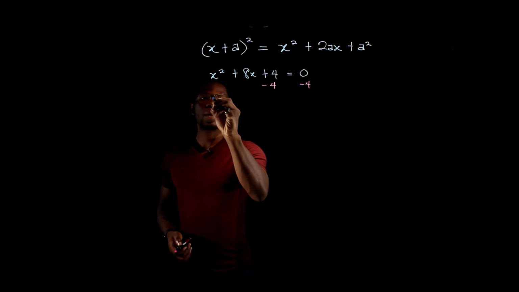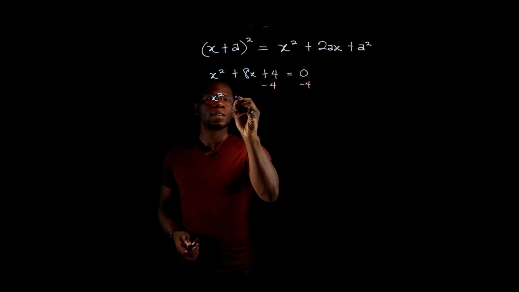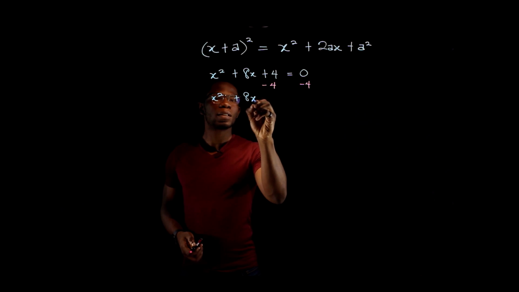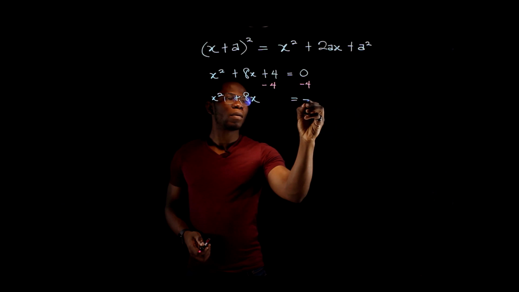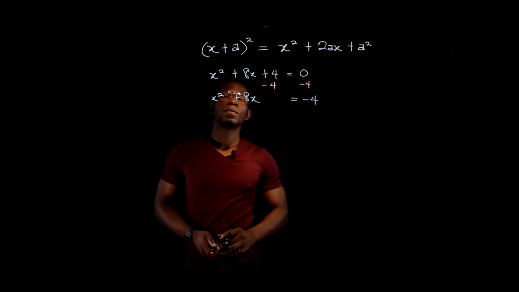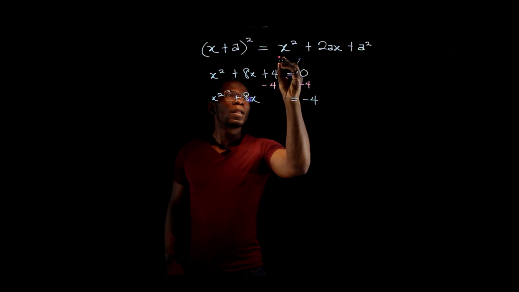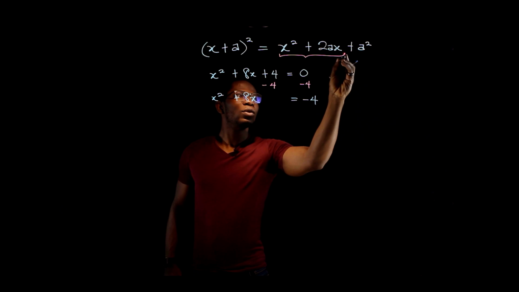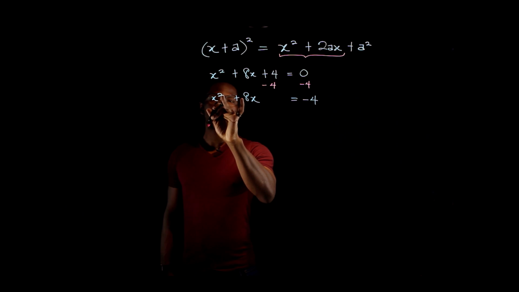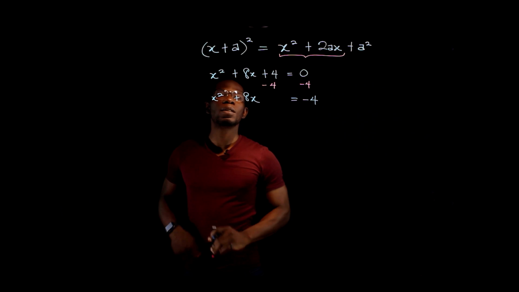And so our equation becomes x squared plus 8x equals minus 4. Now what we have here is the form x squared plus 2ax.